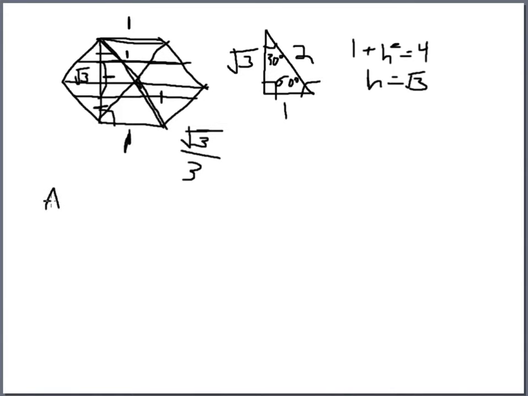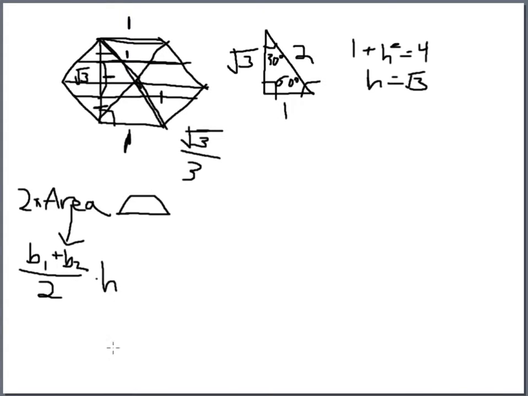The area of the hexagon is 2 trapezoids combined, so 2 times the area of the trapezoid. And we know that the area of a trapezoid is the average of the bases times the height.